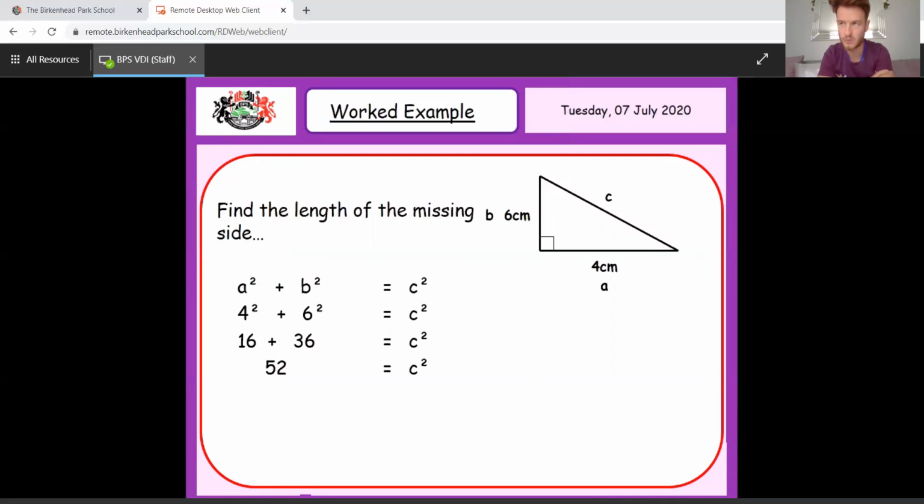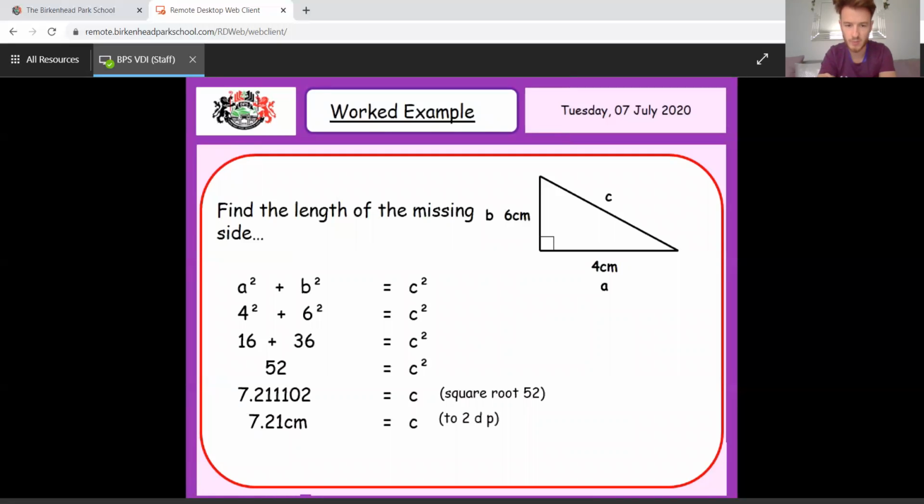I don't want the square number, I want the square root. So we're going to square root 52, and that gives us an answer like that. You will require a calculator for when you're doing your answers. I'm going to round it to a sensible decimal place, which is 2, so that c gives me the length of 7.21 centimetres.